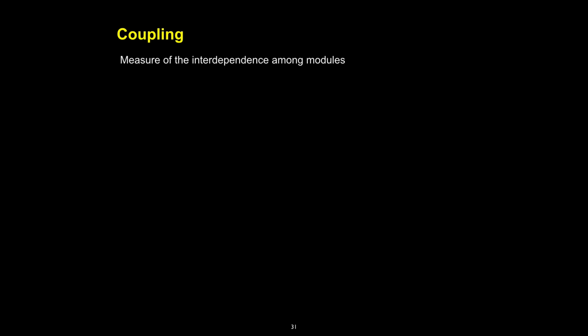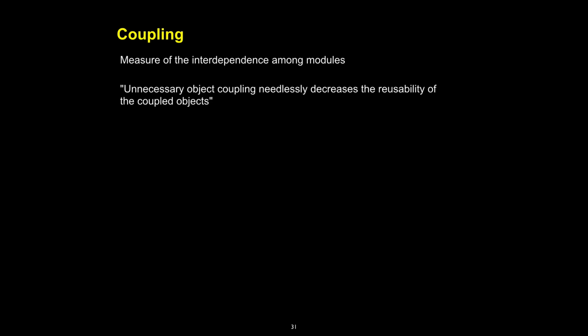So yeah, coupling is just a measure of independence among modules, right? How well are they tied together or not? And if you get strong coupling, that ties them together, it limits the reusability, because if they're too closely tied, I can't take one, I have to take them both, right?